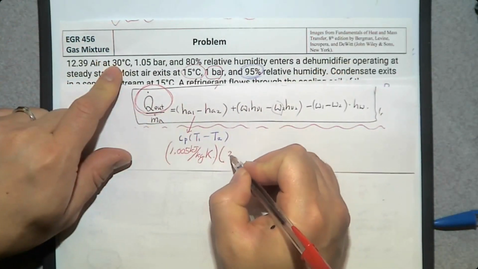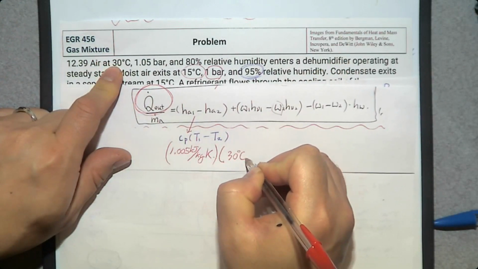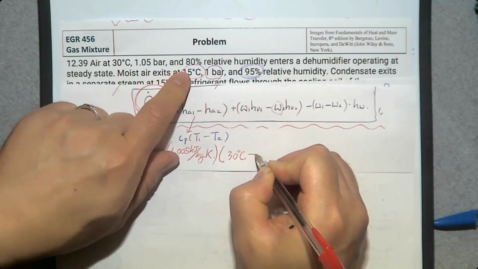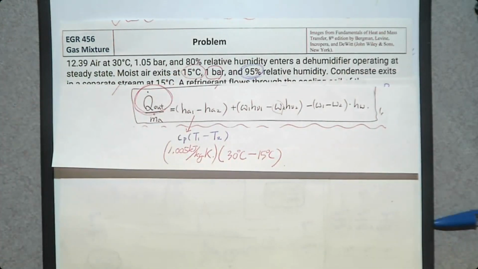T1 is 30 degrees Celsius. The temperature of dry air is at 30 degrees Celsius. The temperature of water vapor is also at 30 degrees Celsius, minus the exit temperature, 15. So that's how you determine the change in specific enthalpy of dry air.